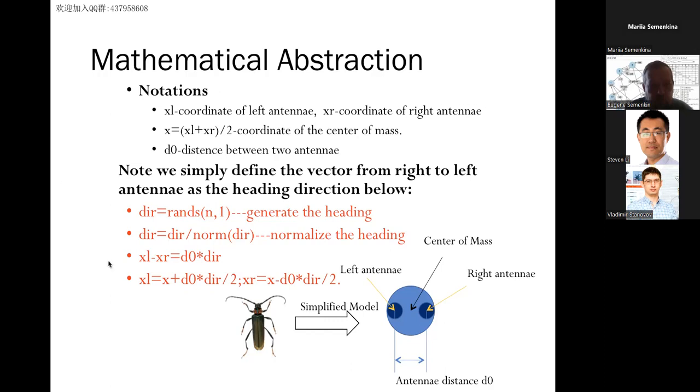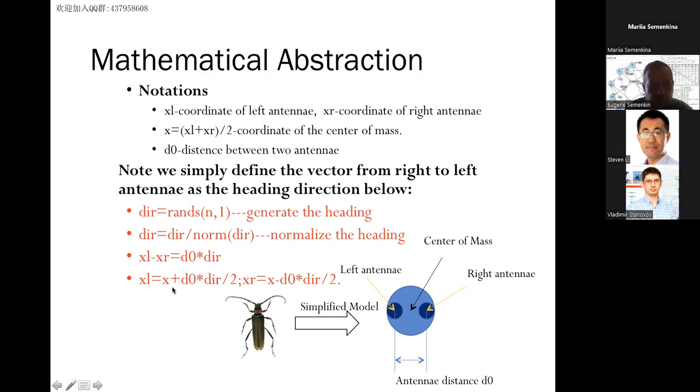There is no meaning for the length of this vector. And then we define this one because the direction is a vector starting from the right antenna to the left antenna. Then we do this calculation.